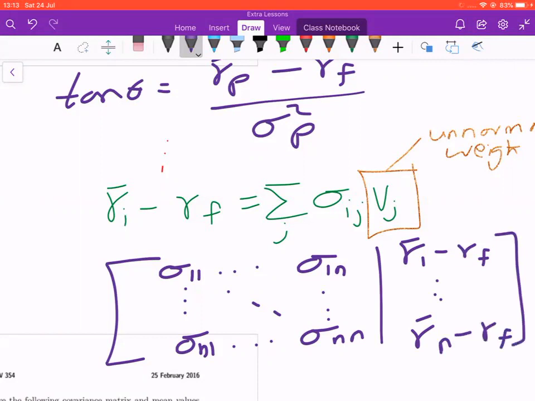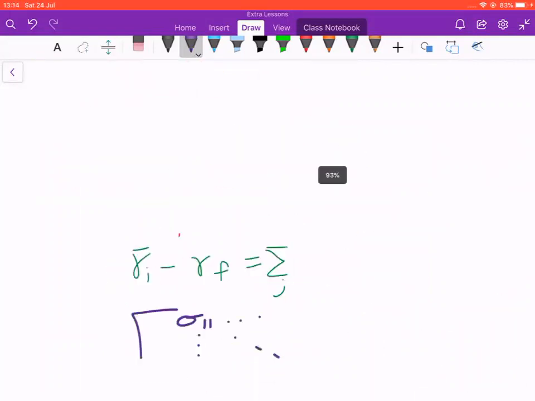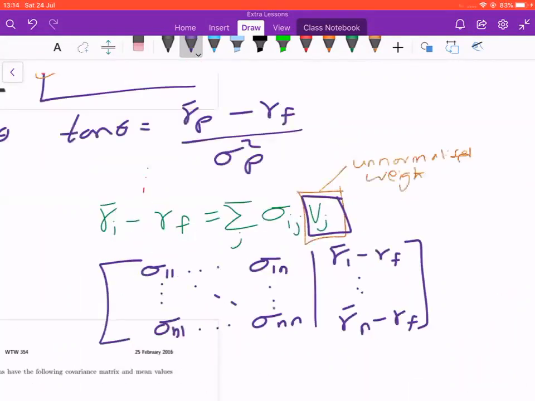When you solve this, the weights you are going to find, you are going to normalize them, and then that will be the weights of your tangent portfolio, basically. So it is not that complicated as well.